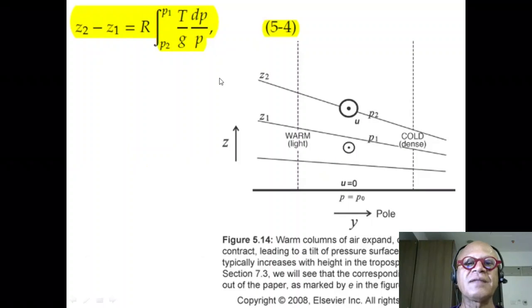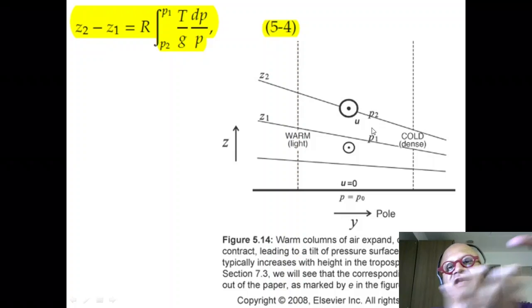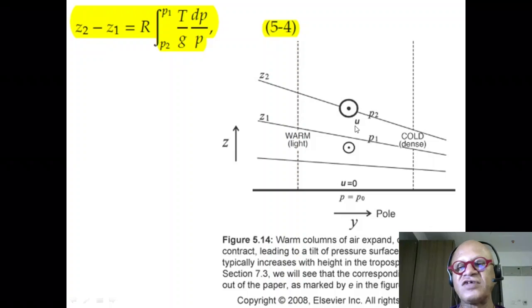What do we get out of that? Basically, this helps us with this. If you look at Z2 and Z1, we are trying to look at the average thickness of this pressure range from P1 to P2. You can think of this as a stratified layer, for example.